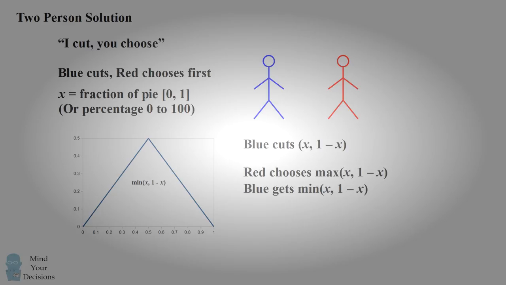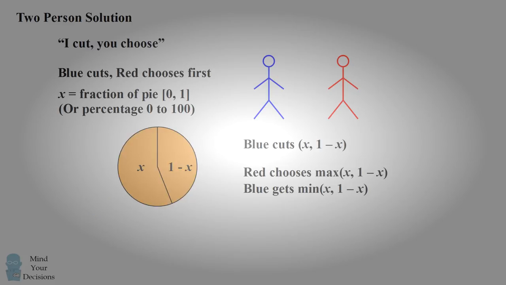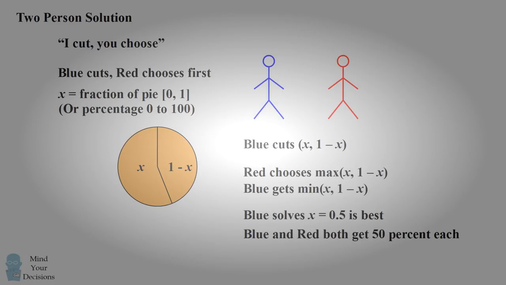You can see that if any value of x is less than 1/2 or more than 1/2, the value of the graph is going to be less than 0.5. So blue can get the most value by picking the value of exactly 0.5. So blue is going to want to cut the two slices into exactly 50-50. This leaves blue and red getting 50% of the cake each.